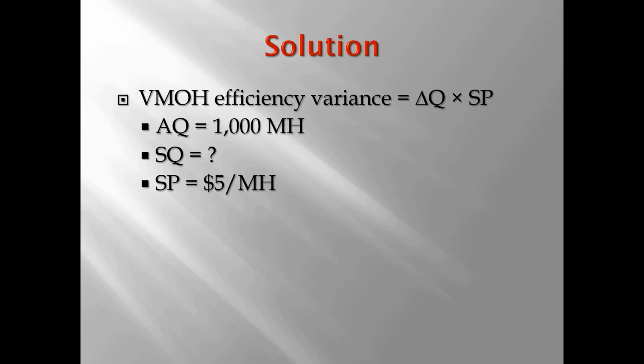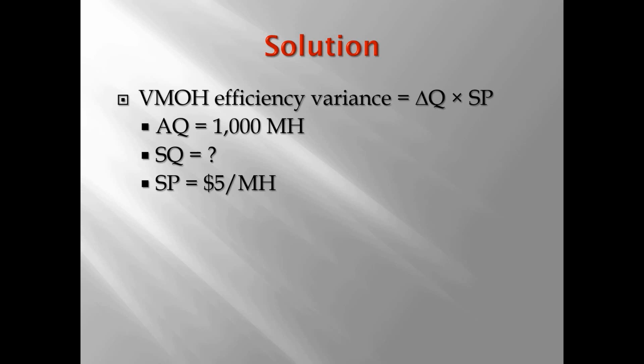We were told that the firm actually used 1,000 machine hours, and we've already figured out that the standard price, that is the predetermined overhead rate for variable overhead, is $5 per machine hour.